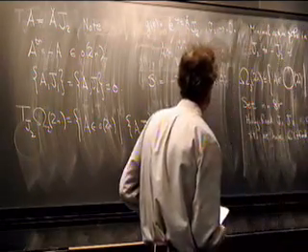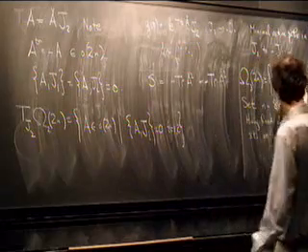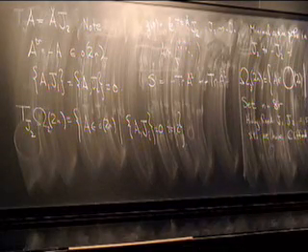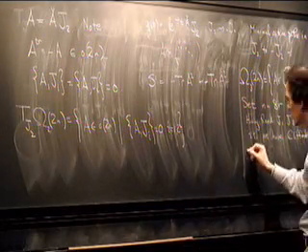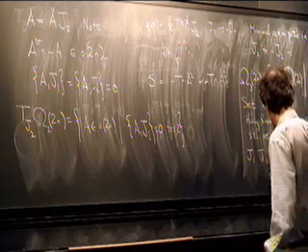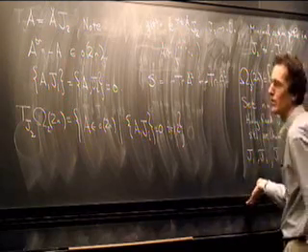Okay? So if we get a point in this space, call it J3, then J1, J2, and J3 satisfy the Clifford relations.